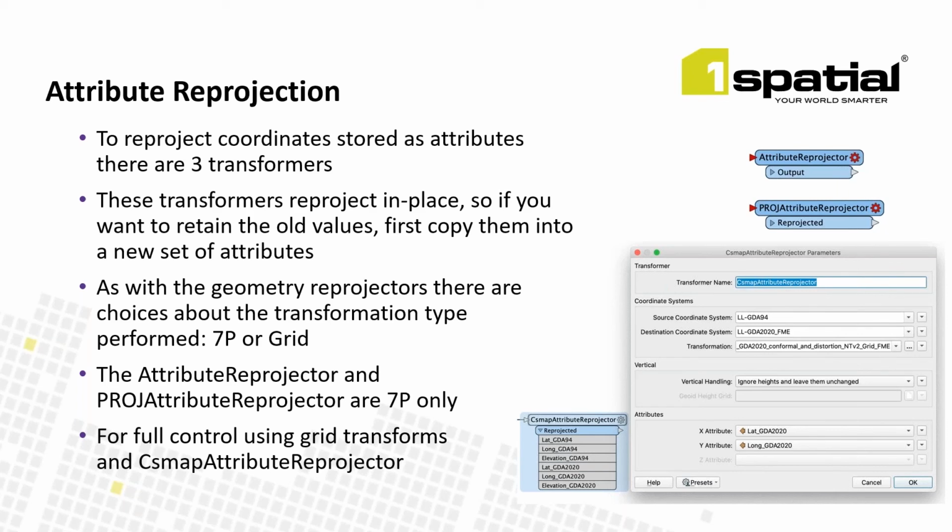Again, it's up to you which ones you need to employ for the quality of the data that you've actually got. And as with the geometry ones, as we get up towards the CS map version of the transformers, these are the ones that get the most control and the most refinement over the transformation that we're going to use.